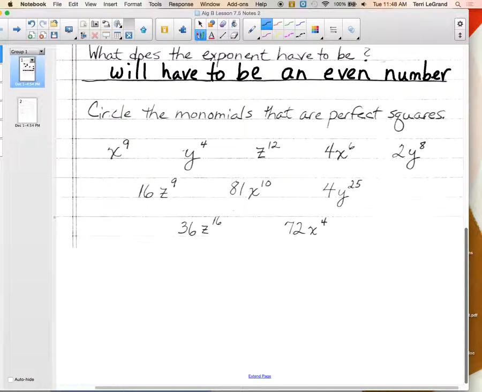It's going to be important that we can recognize perfect square monomials to help us determine if we can factor our binomials today. Yesterday was pretty easy, we just had to look at the number part.